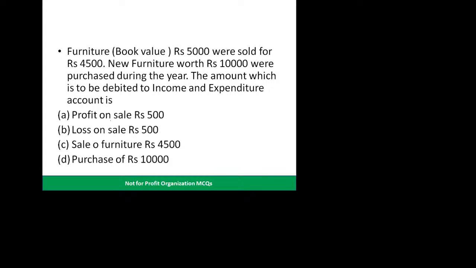Whenever we sell an asset below the book value, it is considered a loss. Whenever we sell it for more than book value, it is called a gain or profit. Here the book value is more but the sale value is less, so it is a loss.